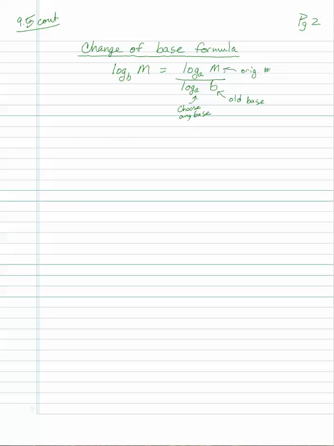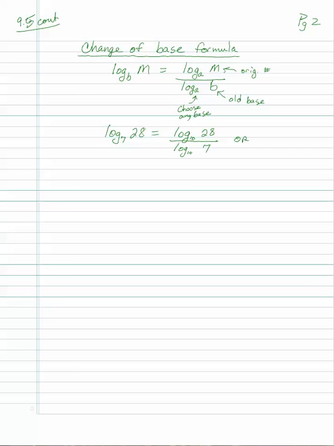Okay, so if I want to do log base 7 of 28, and my calculator doesn't have any way for me to do that, instead of guessing and checking, which will take forever, I can go log, and my calculator only has base 10, so I choose base 10, which I don't have to write, of the original number divided by log base 10 of the old base, which is 7.